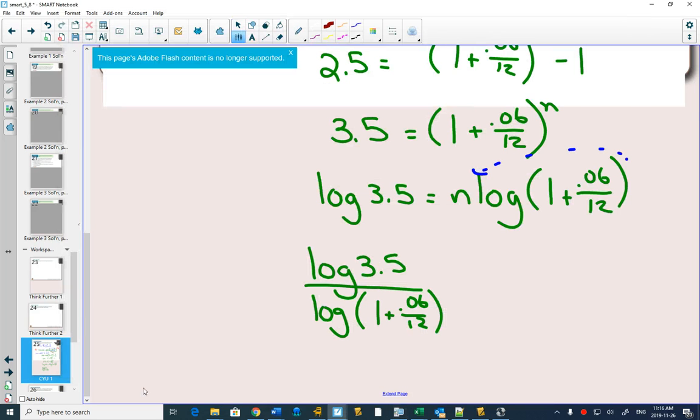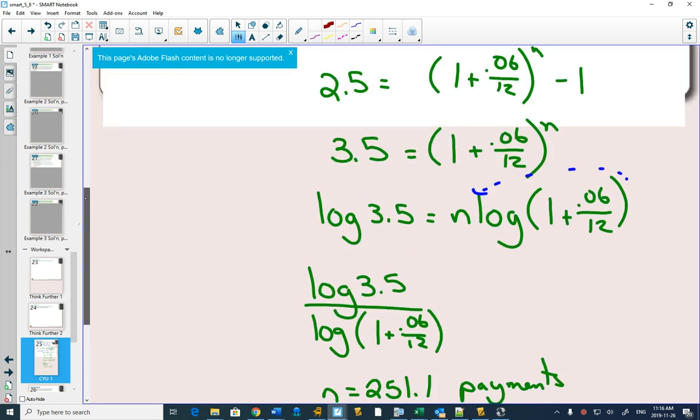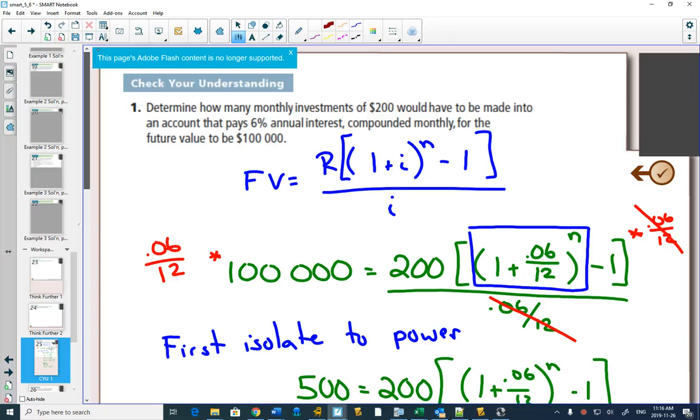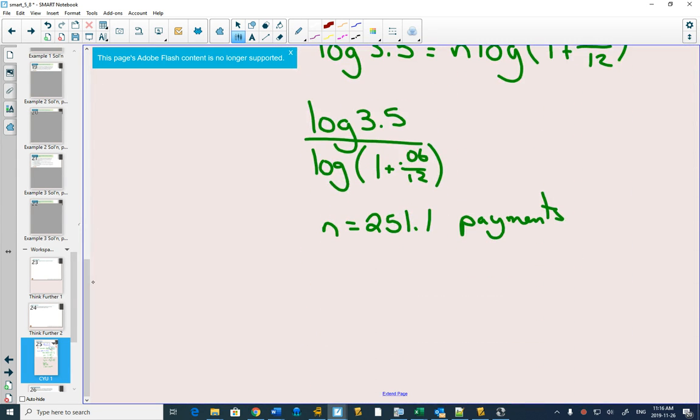251.1 payments. Now, you probably can't make a 0.1 of a payment. How many monthly investments would it be for the value to be 100,000? Well, 251 payments wouldn't quite be enough.